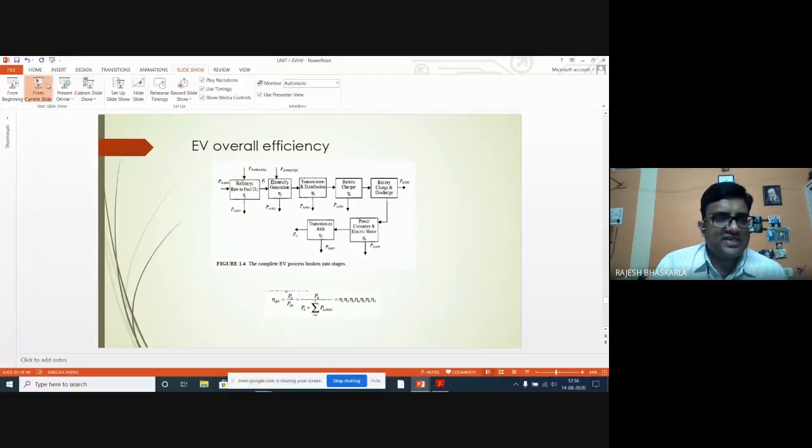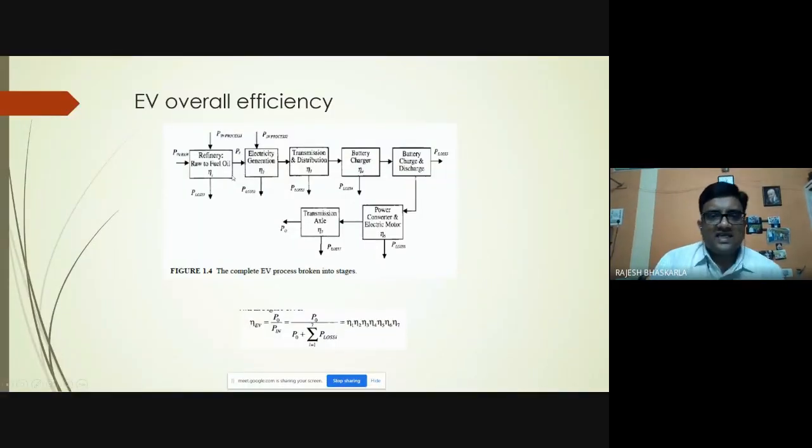Okay, Srikanth. So here you can see in this slide, this electric vehicle efficiency depends on many factors. In the previous class also, we have seen a slide wherein the overall efficiency is calculated from well to wheel. Well to wheel means from the oil refinery or from the well where the oil is pulled out.